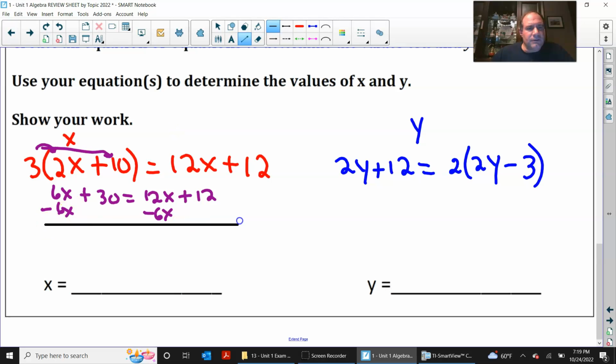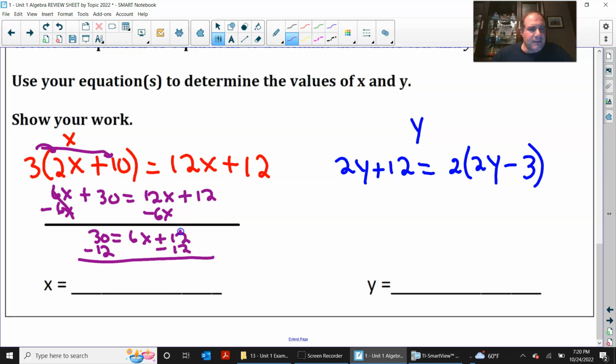I am going to cancel the 6x's out. We have 30 equals 6x plus 12. You minus 12 on both sides, and we're going to have 6x equals 18. You divide by 6, divide by 6, and x equals 3.